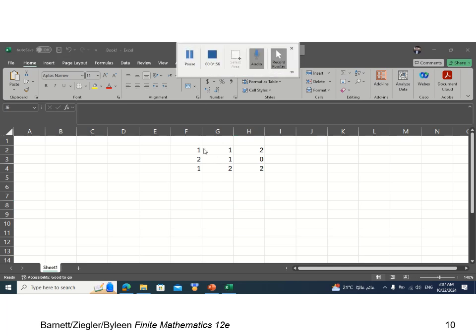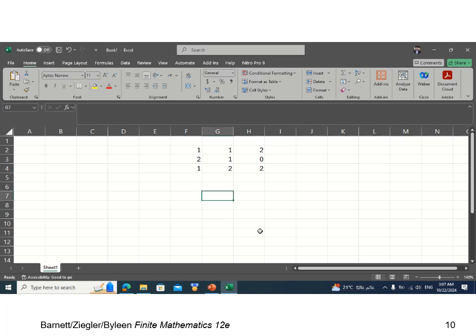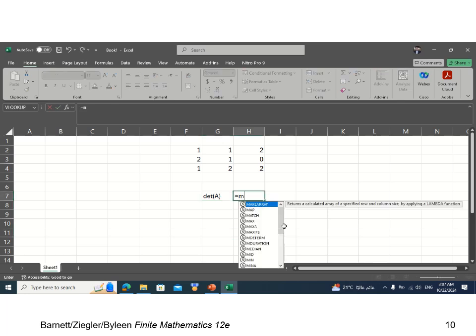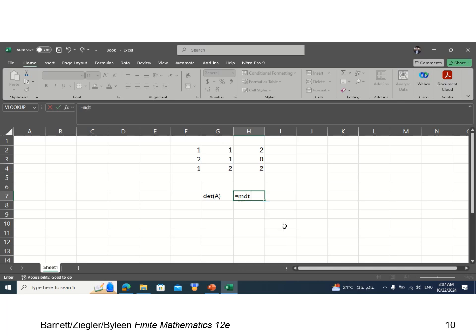After we wrote down the matrix, we will calculate its determinant. Here, equals MDETERM, which returns the matrix determinant of an array.